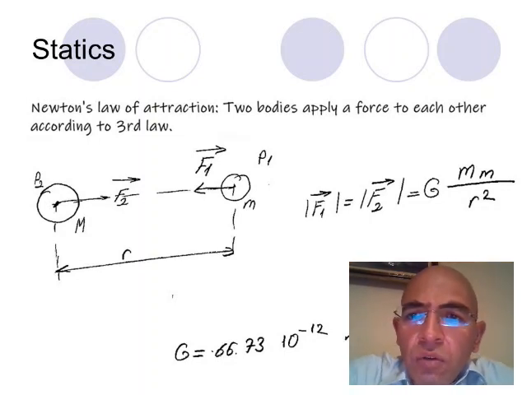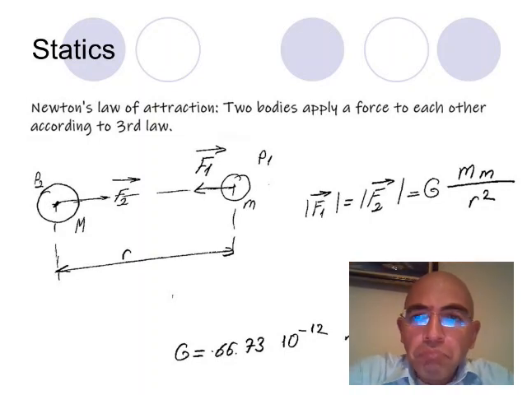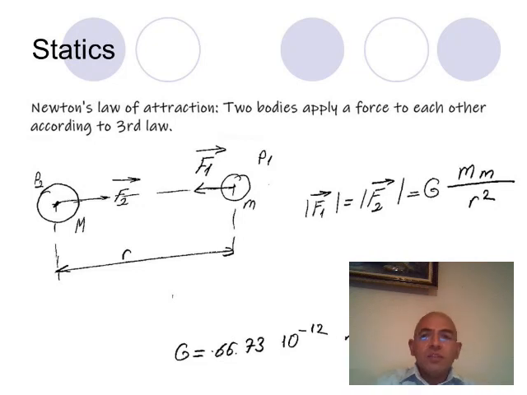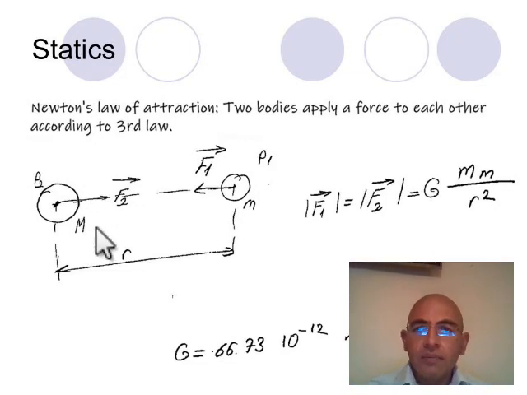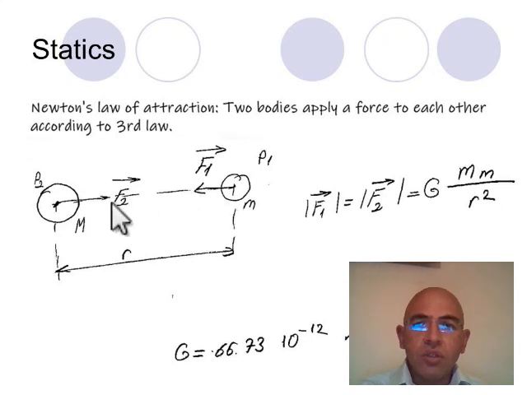Now, Newton's law of attraction. Isaac Newton has another law. Two bodies apply a force to each other according to the third law, it says. So what does it mean? Now, just think of the Earth and the Moon. Now, the Moon is turning around the Earth. There is a certain distance between them.